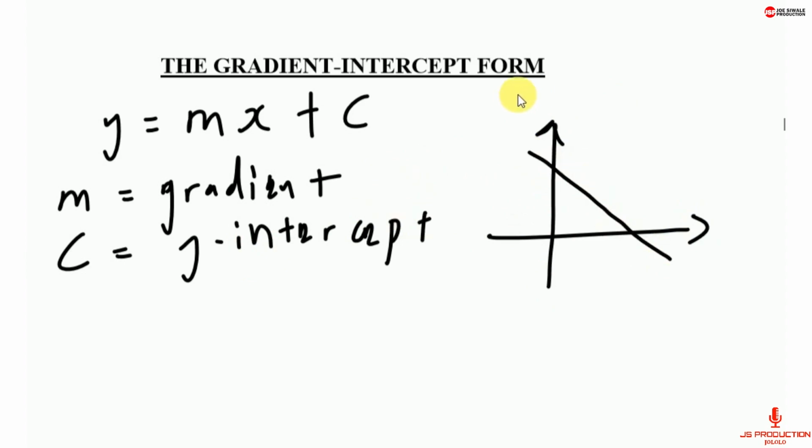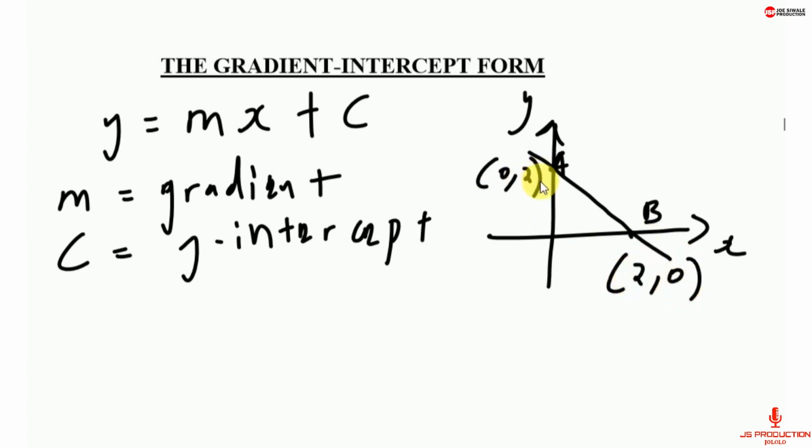For example, this is our Cartesian plane. We have our y, we have our x, and we have these points. If this is point A, this is 0, 2, and point B is 2, 0.